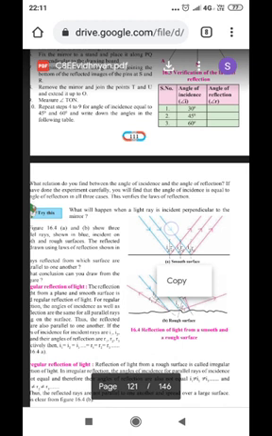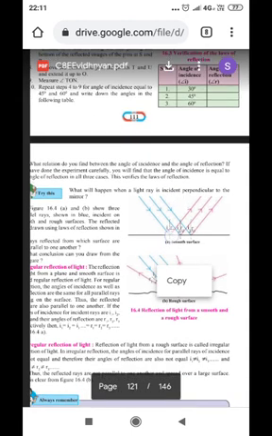Repeat the steps for an angle of incidence of 45 degrees and 60 degrees, and write down the angles in the following table.